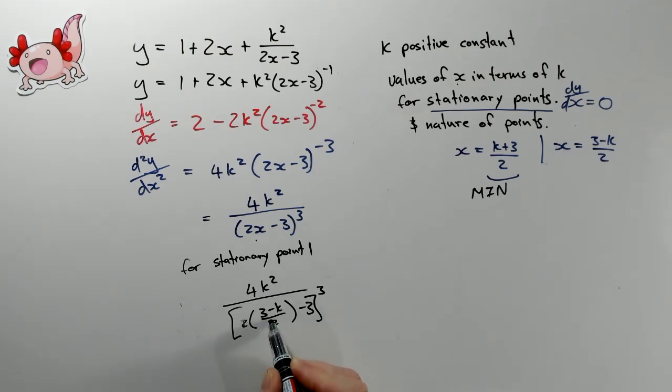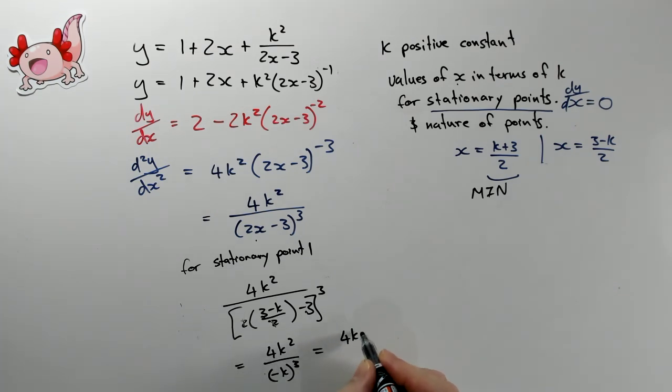And then these would cancel out, and I'm left with, again, 3 minus 3, which is going to leave me with 4k squared over minus k all to the power of 3. And that would just become 4 over negative k.